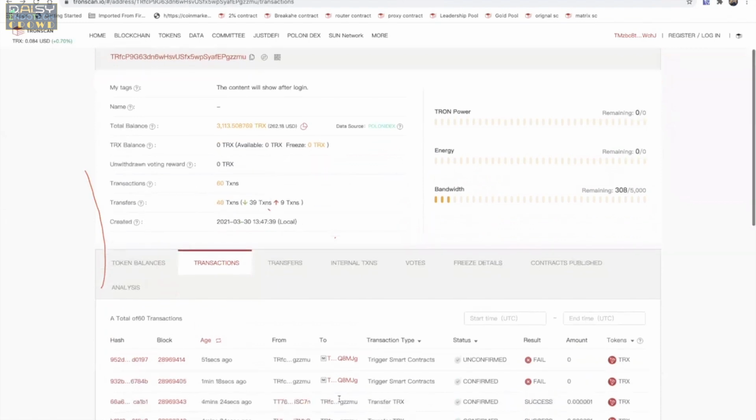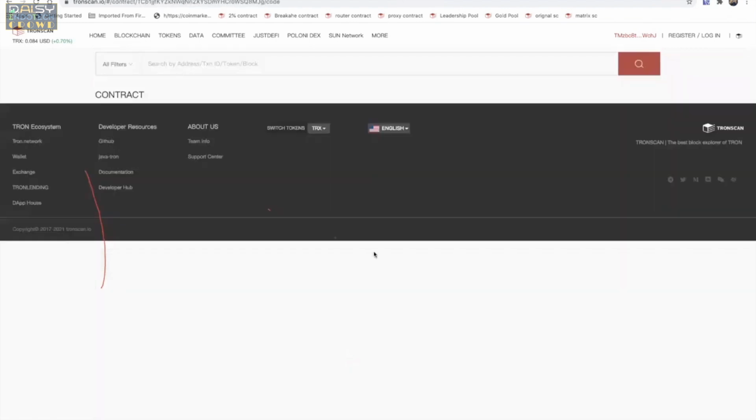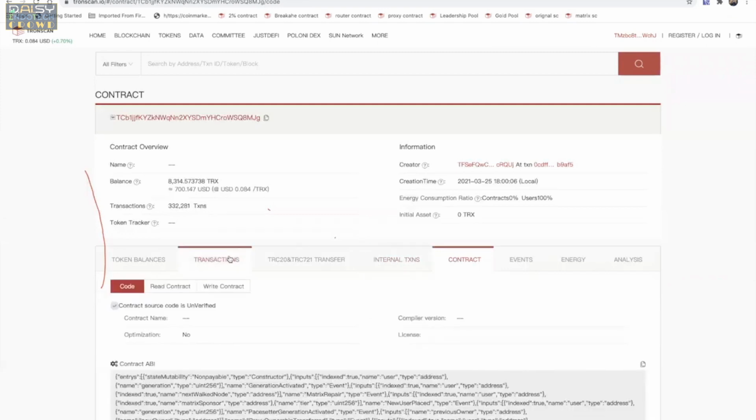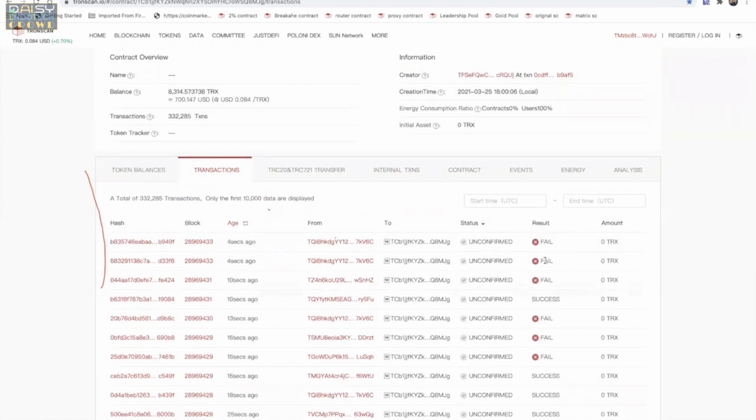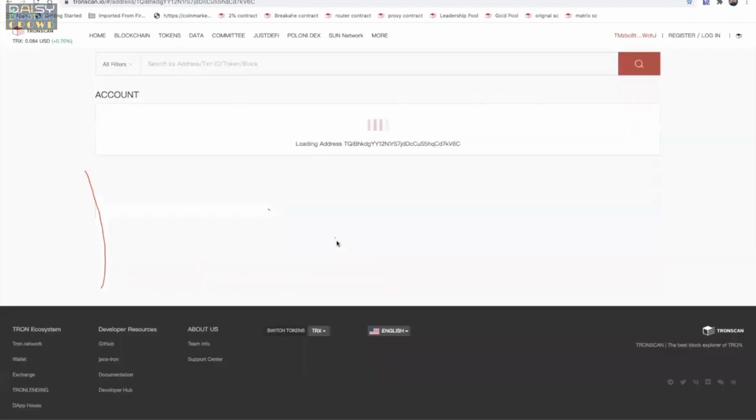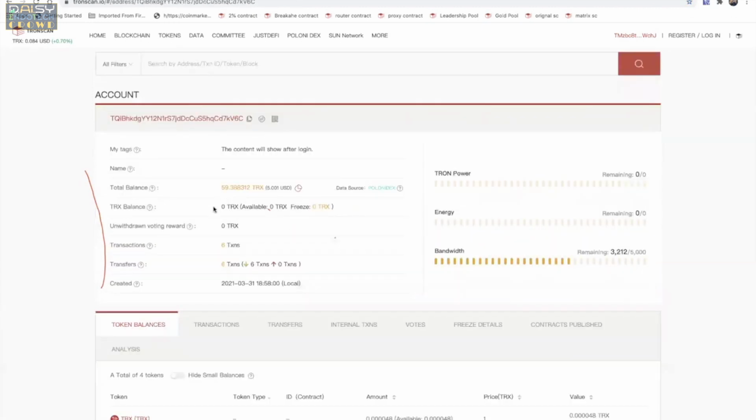We can go to any of these failed transactions, and you're going to see it's because they did not have Tron, unless it's a timeout. You can see here, out of energy, out of energy, out of energy. We click on this member's wallet, and they have 0 Tron available. Make sense? They think they have Tron.